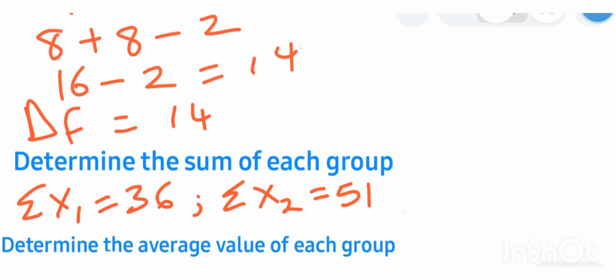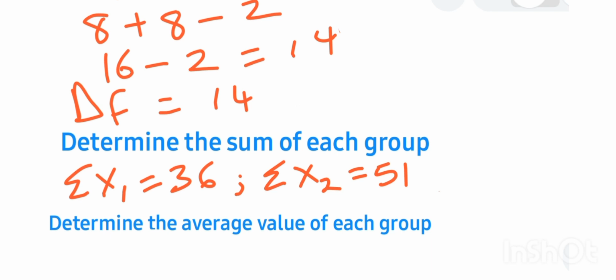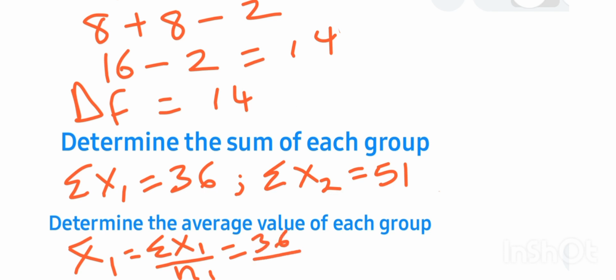This step says determine the average value of each group. Average simply means the mean. So for the first group, we have S bar 1 equals summation S1 over n1, which is 36 over 8, the sample size for group 1. Here 36 divided by 8 gives us 4.5.